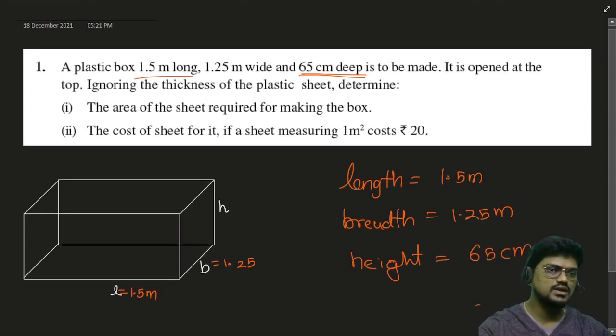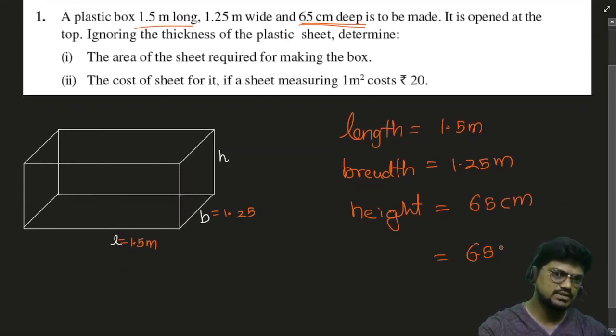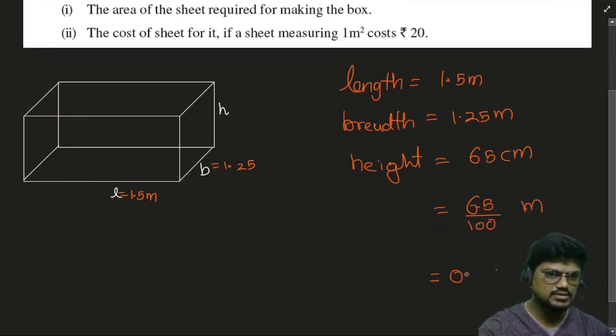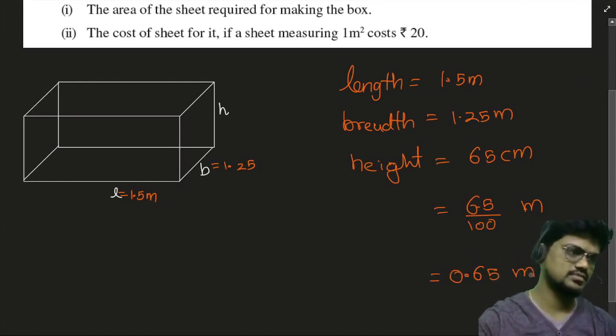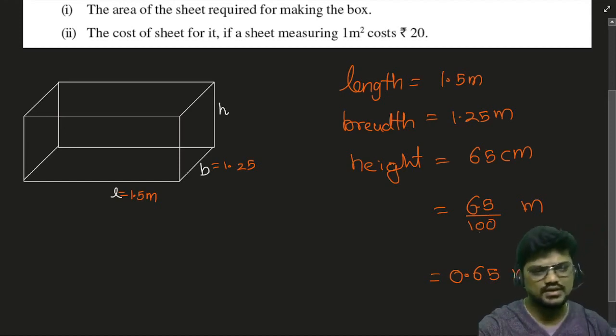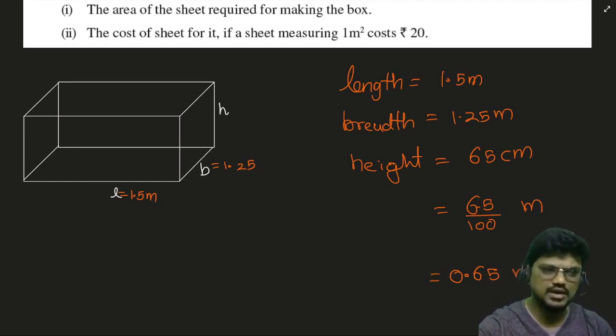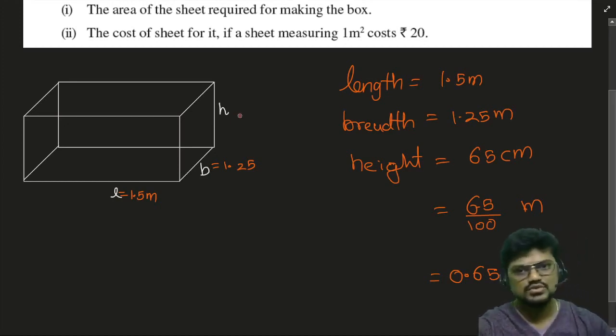If I want to convert it in terms of meter, 65 divided by 100 will give you 0.65 meter. Sir, I think converting everything to centimeter will help. Anything is fine. You can convert everything to centimeter or everything to meter. Both are fine. So the height will be 0.65 meter.